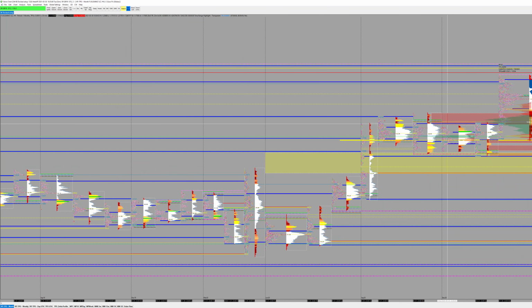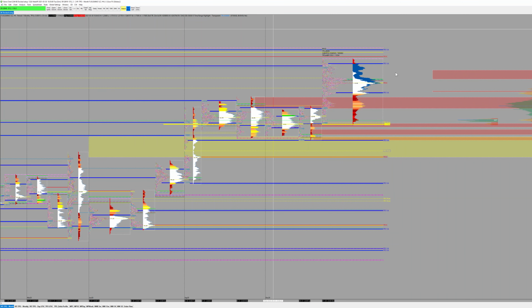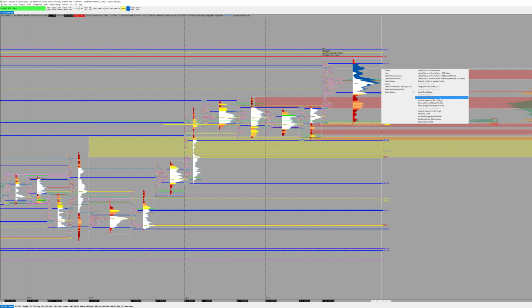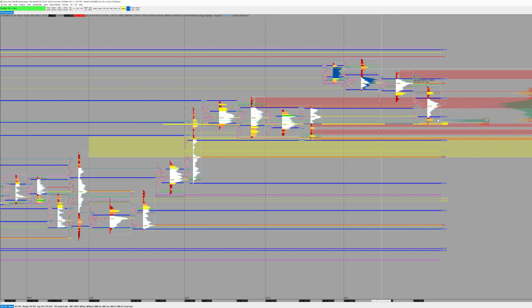So here we're looking at every month, so it's month by month instead of day by day. Each TPO and volume profile here is a month, and this is the current month.